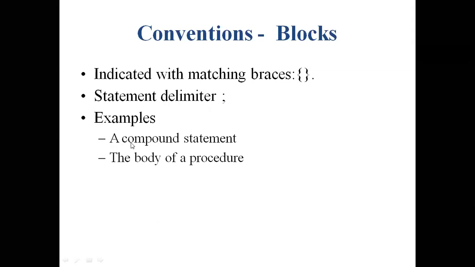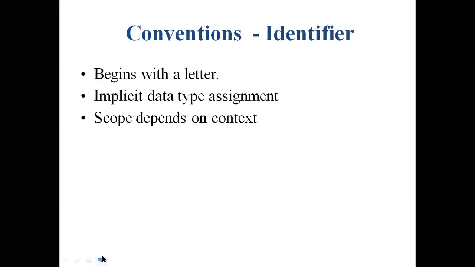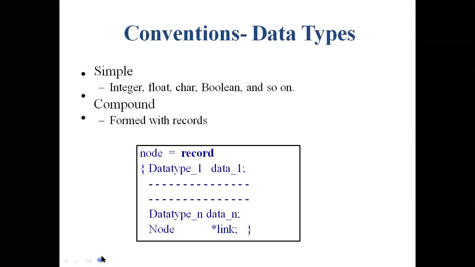For example, a compound statement and the body of a procedure. Then an identifier begins with a letter, and data type assignment and scope depend on it. Here some data types are there: integer, float, character, boolean, and we also have records.